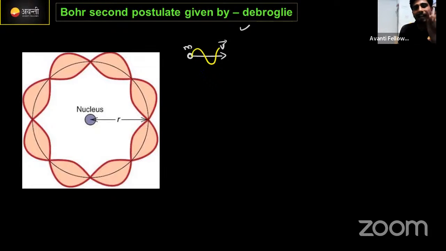There is a matter wave associated with the moving particle. This is the statement given by de Broglie. We already know this one.